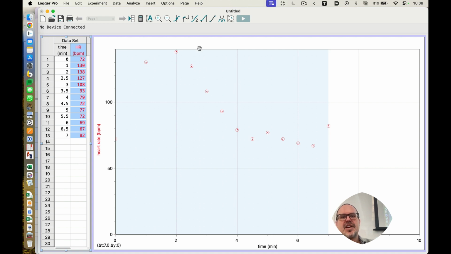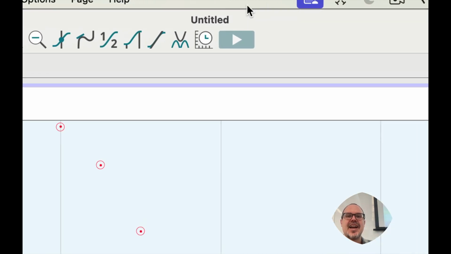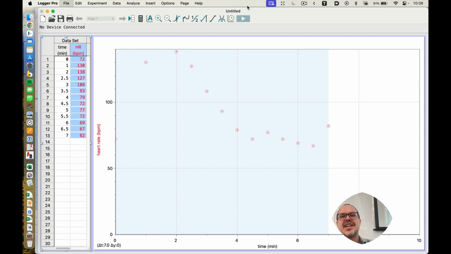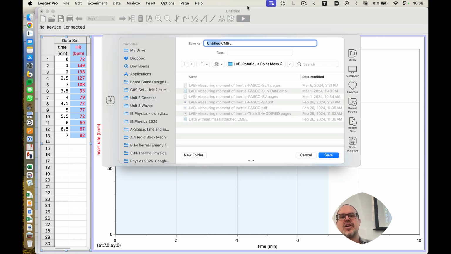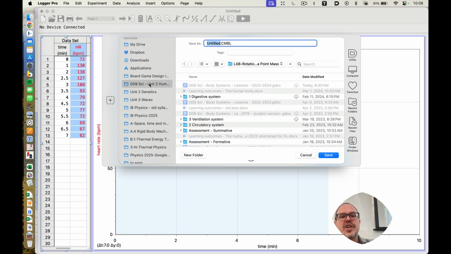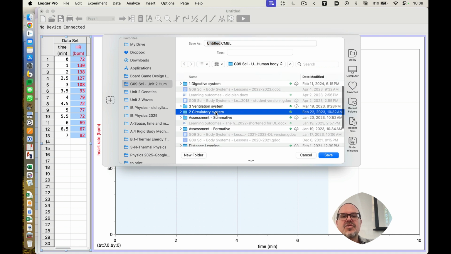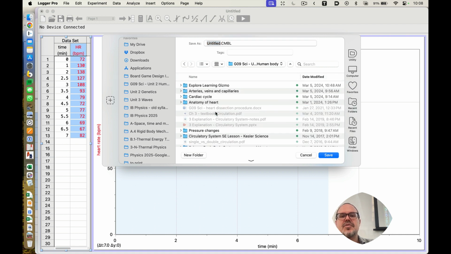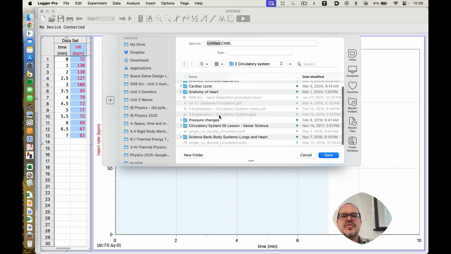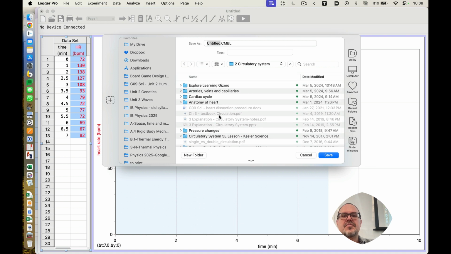Now, oh, I gotta save this. This is untitled. I'm gonna save this as a real file on my computer. I'm gonna go to my folder of human body, circulatory system. No, I know where.